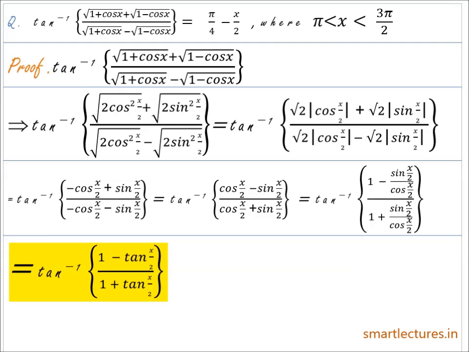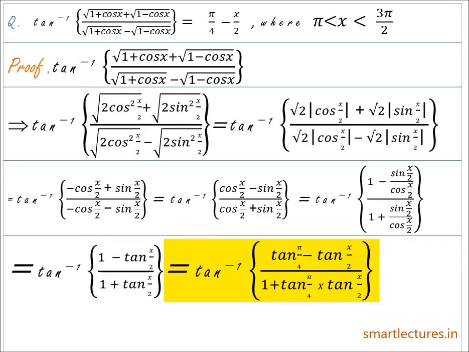Also, tangent of 45 degree or tangent of pi upon 4 is equal to 1. So in place of 1, we can write tangent of pi upon 4. So now this expression becomes tan inverse of (tangent of pi upon 4 minus tangent of half x) divided by (1 plus tangent of pi upon 4 into tangent of half x).